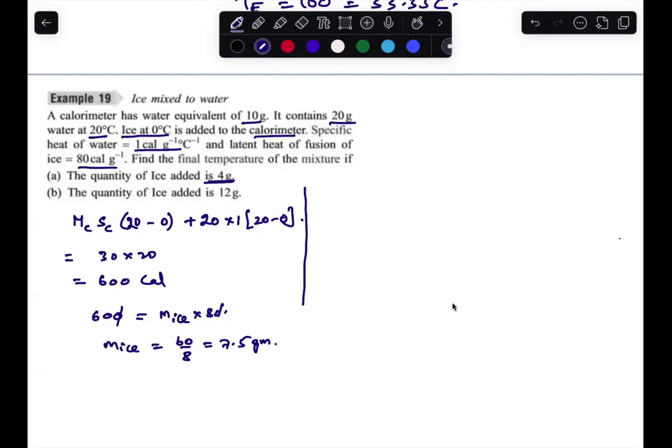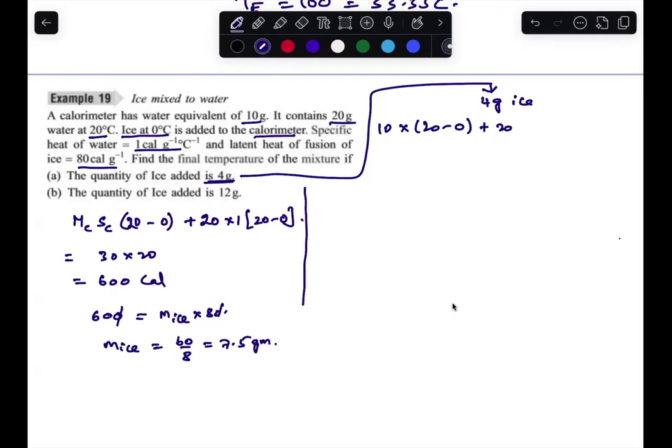If it is more than that, there is a possibility that the entire mixture may fall to sub-zero conditions. But under the first condition, you have 4 grams ice. 10 into 20 minus 0 plus 20.